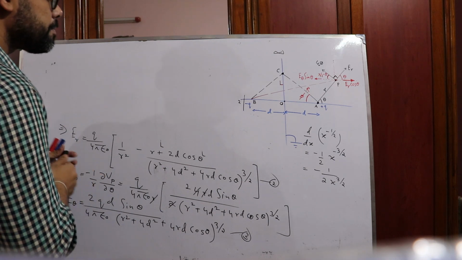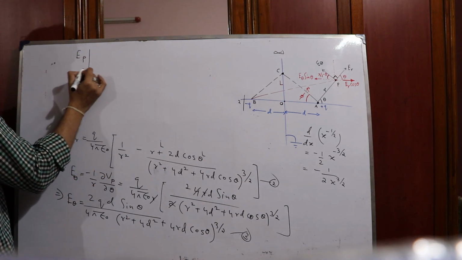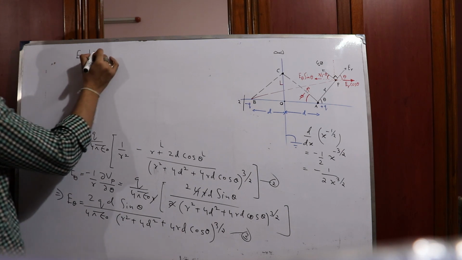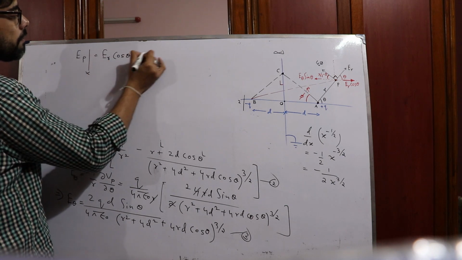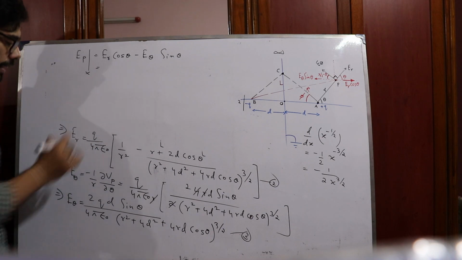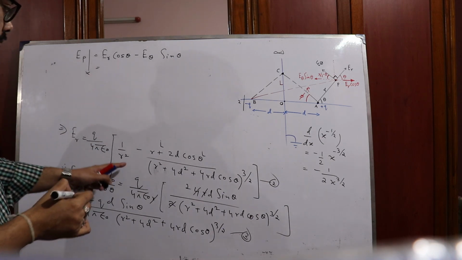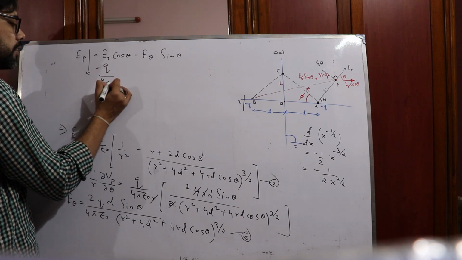So please see, E at the point P along x direction equals Er cos theta minus E theta sin theta. If you do that, Er is this one, multiplied by cos theta, so q by 4 pi epsilon 0.